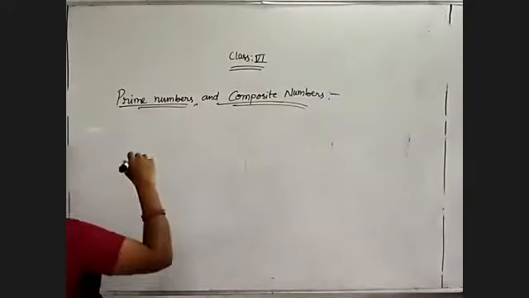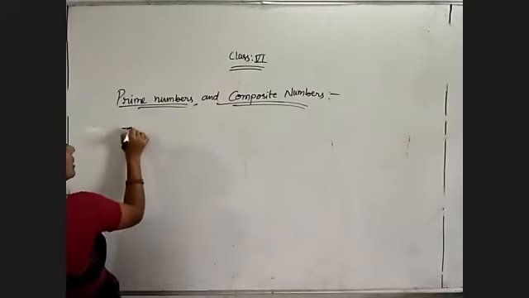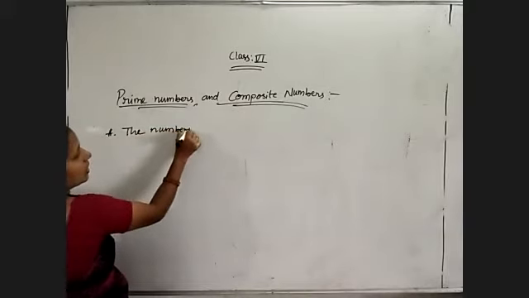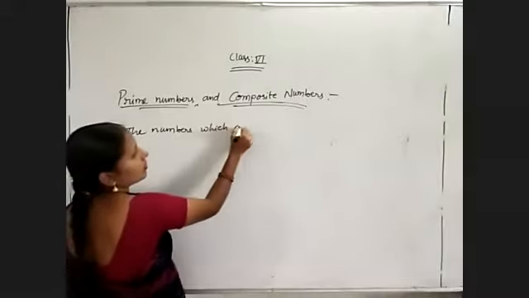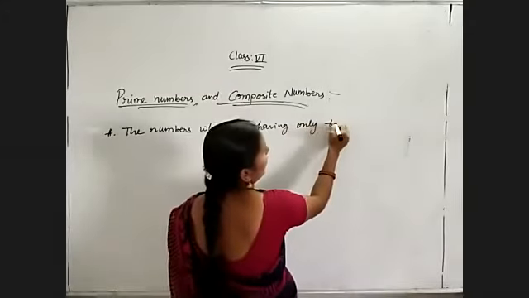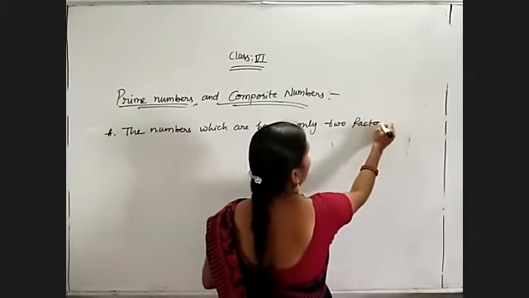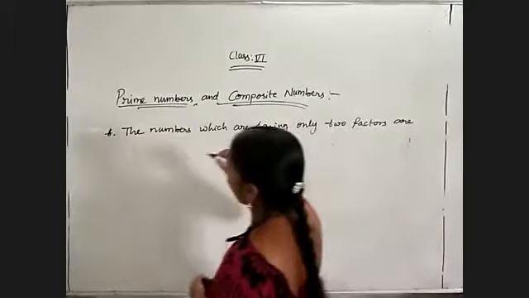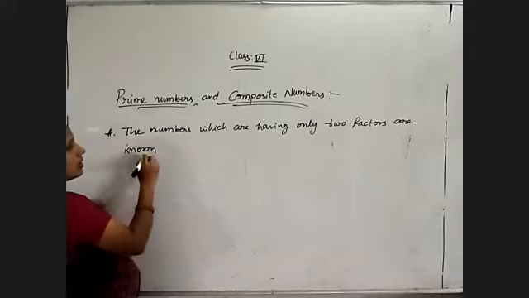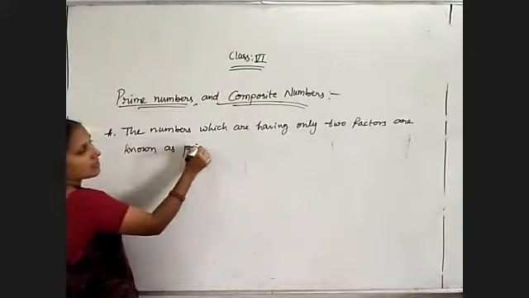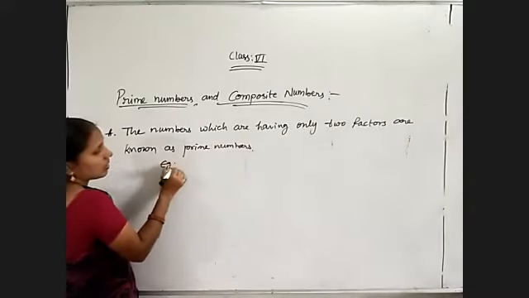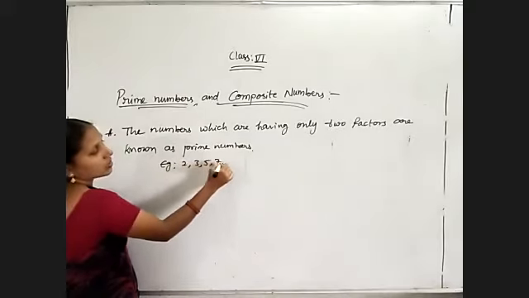Prime numbers are nothing but the numbers which are having only two factors, and those two factors are 1 and that number itself. These are known as prime numbers. For example, 2, 3, 5, 7 and so on.